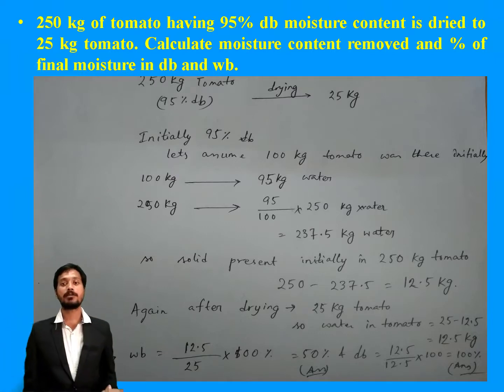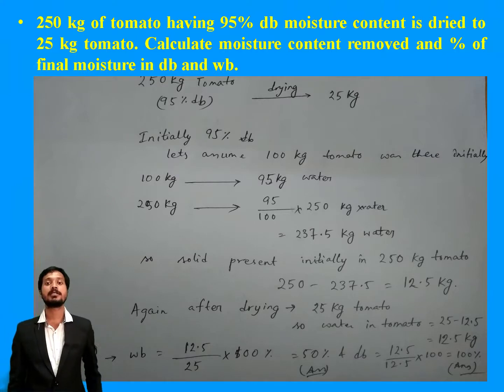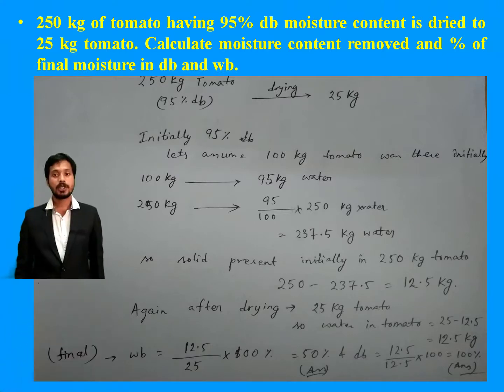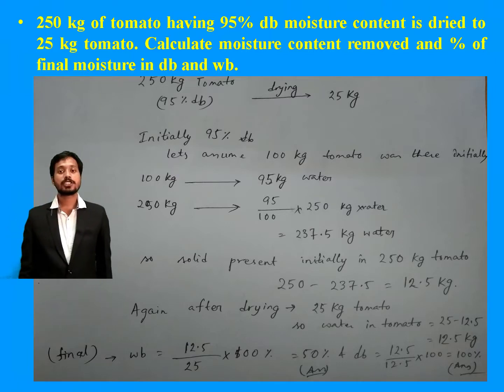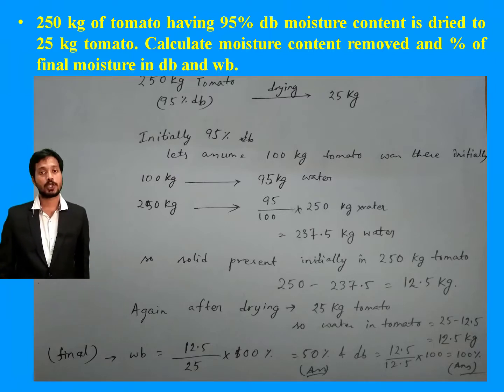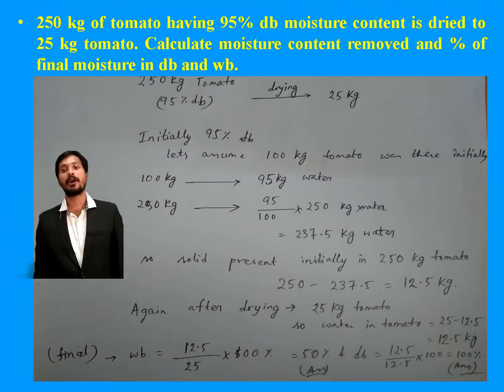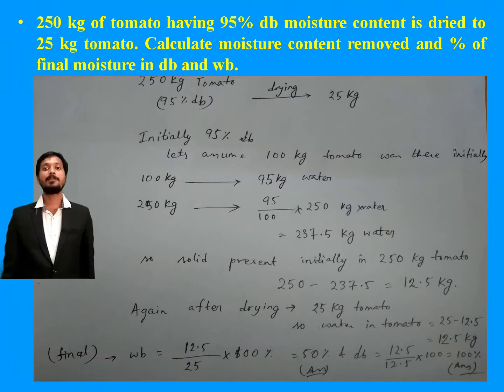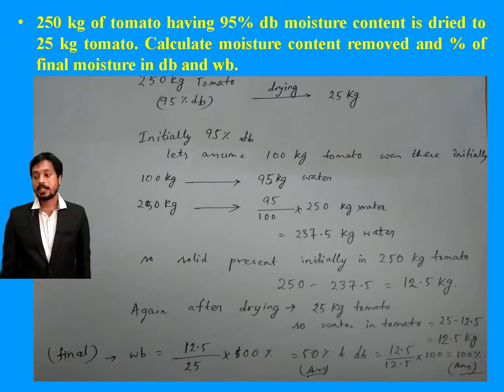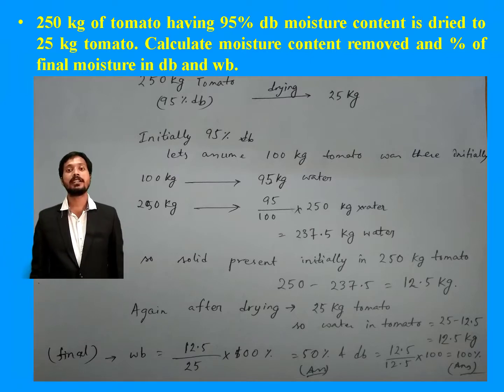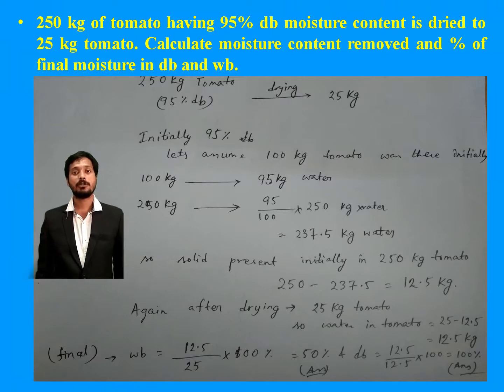So what is the rest of the mass? The rest of the mass is nothing but the mass of solid. So we can write the mass of solid is 250 minus 237.5, that is 12.5 kg. Now they ask that the final weight of the tomato is how much?